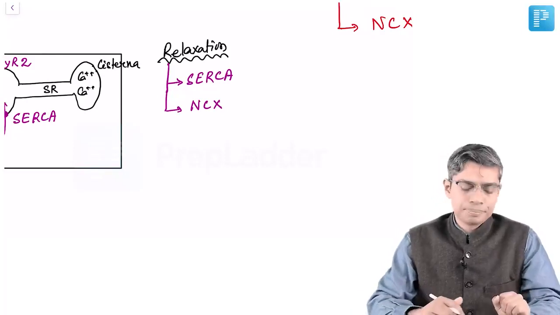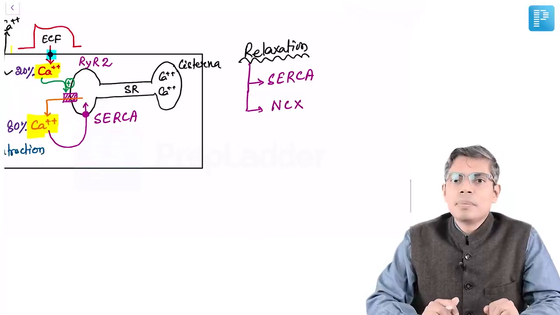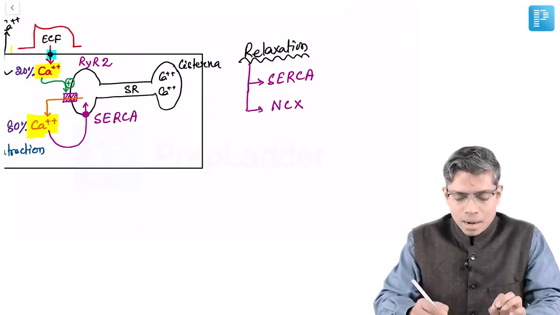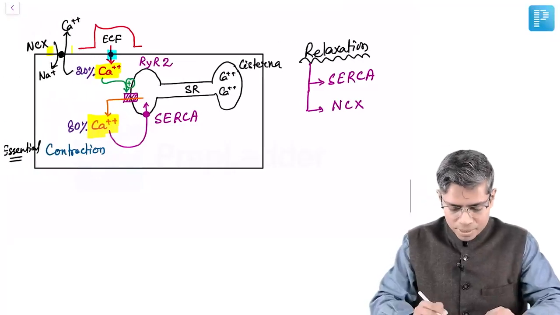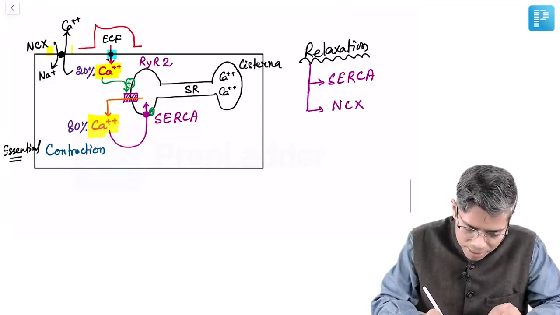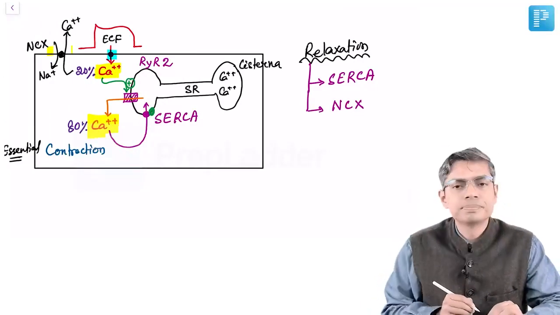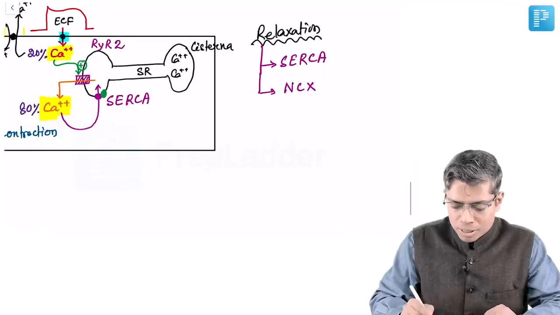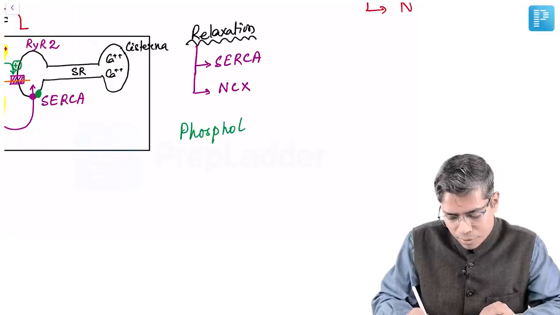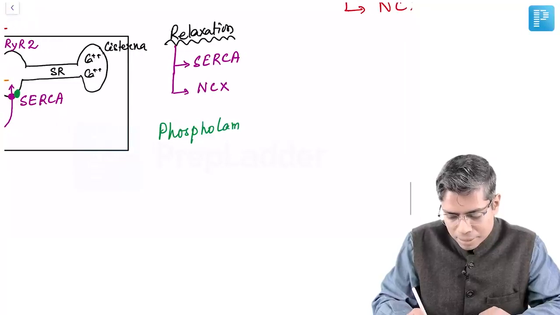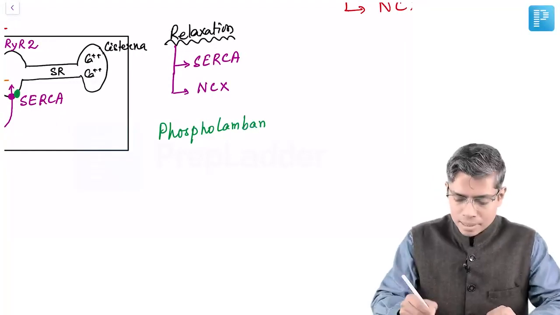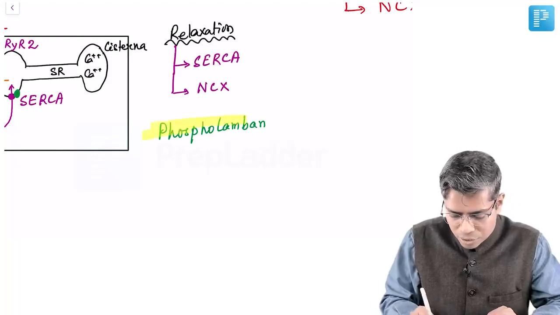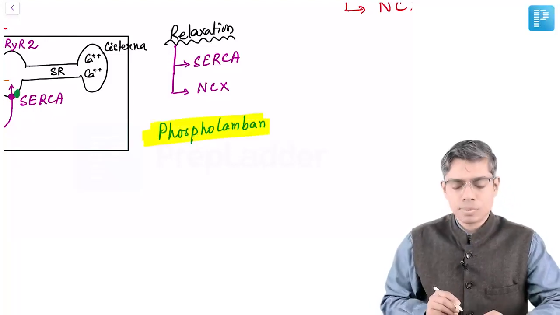Now, one extra part. This SERCA pump remains under the inhibition of another protein molecule, and this protein molecule is located here close to this SERCA pump. The name of this protein molecule is phospholamban, important for central institute examination. So what is phospholamban?